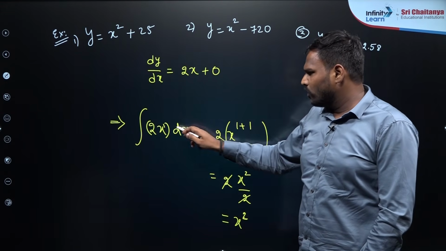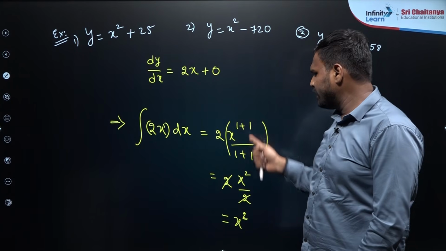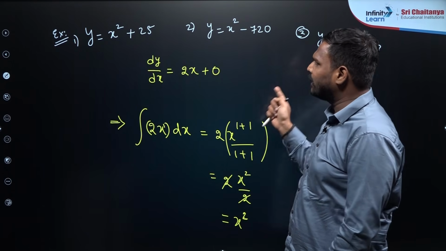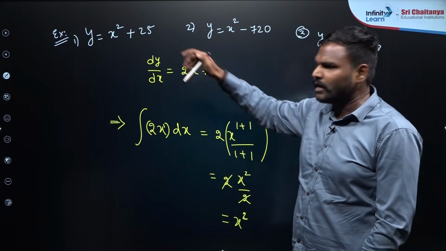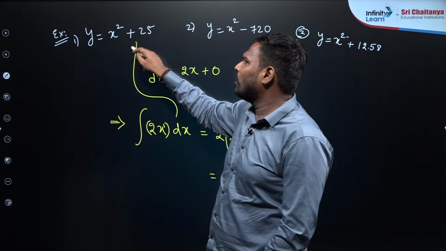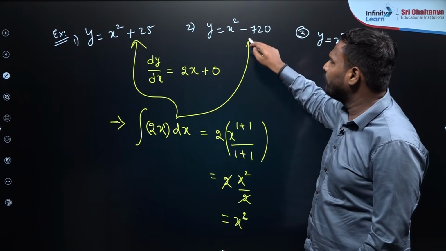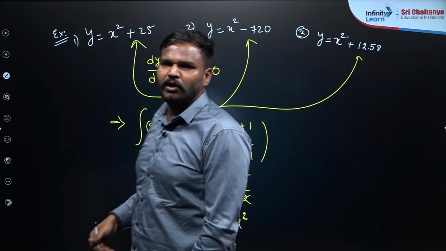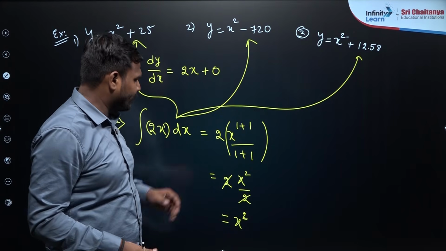Now 2x plus 0, when I do integration, I can retrieve the variable, but I can't retrieve the constant. I don't know whether this question belongs to plus 25 or plus 720 or plus 12.5, because output of all the three derivatives is 2x only.